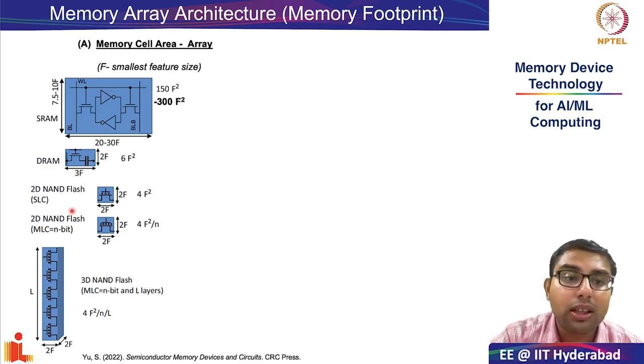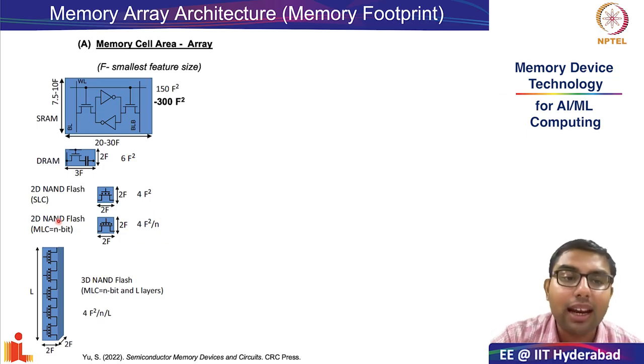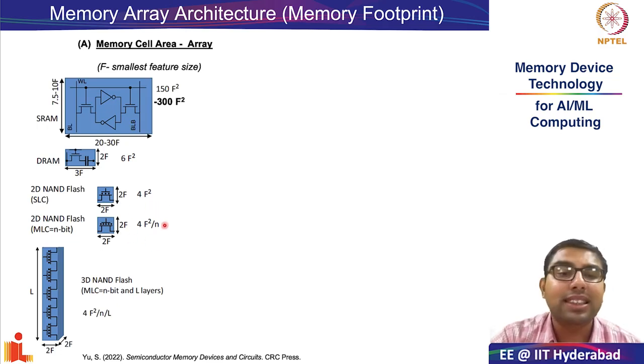As a result, the bit density was also improving, and this is what you see in this schematic. In a multi-level cell consisting of n bits, the array footprint per bit will become 4f squared by n.